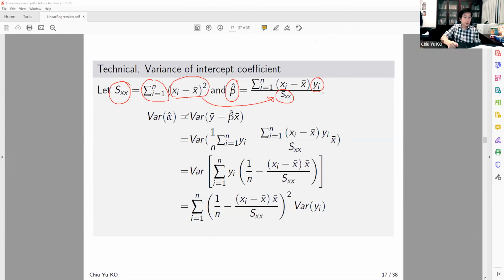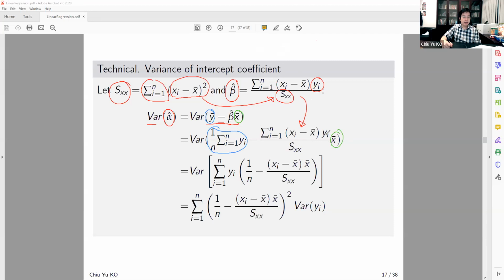Now we have the variance of alpha hat, which is y bar minus beta hat times x bar, which is the definition here. First, y bar is 1 over n times the sum of yi, by default. And x bar is here, and beta is here, so just go down.